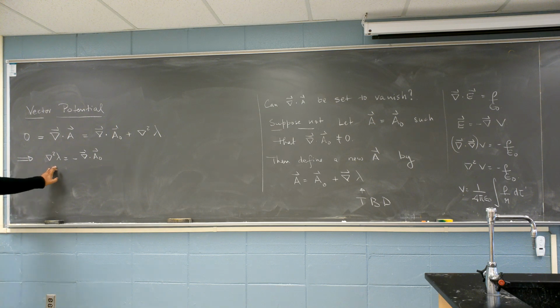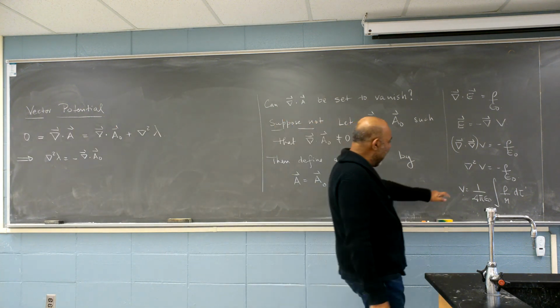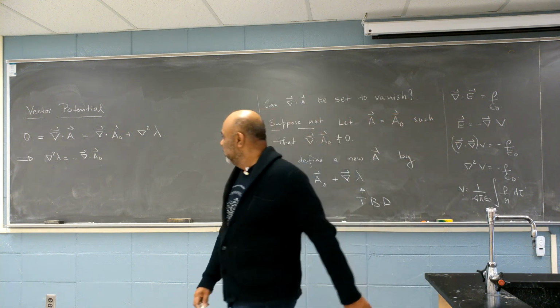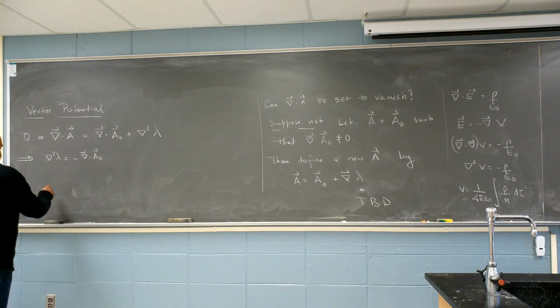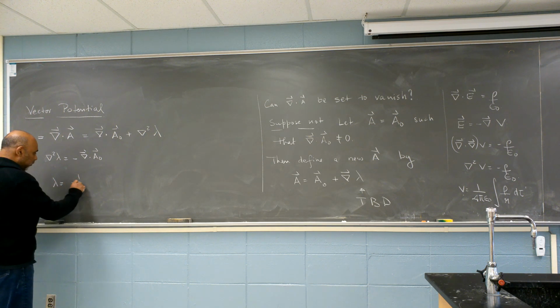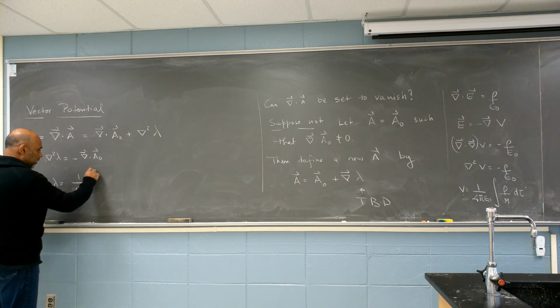Then I look at this, and I look at that. Even the minus is nice enough to show up. So I know the solution to it. Lambda, well, there's no epsilon naught, so it is 4 pi.